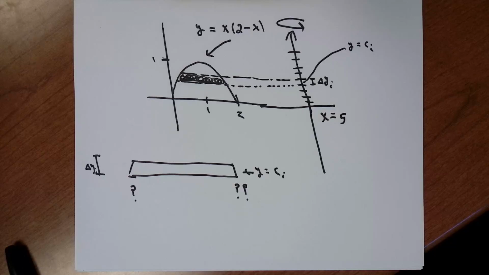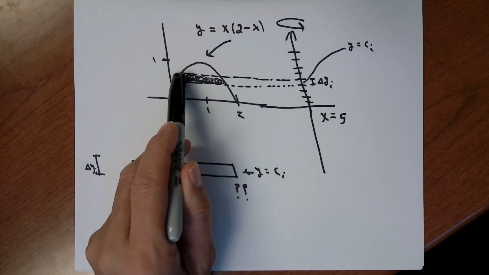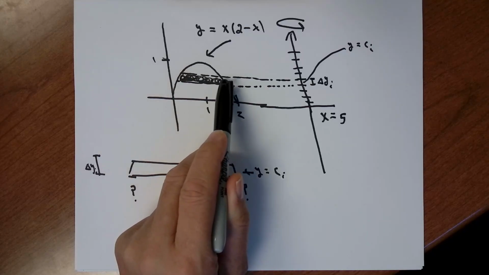I need to know the coordinates that I've indicated by question mark and 2 question marks. I want to be as absolutely transparently obvious as I can manage here. If you tell me y equals c_i, there's going to be 2 points on the graph of this parabola to go with it. The left end and the right end.